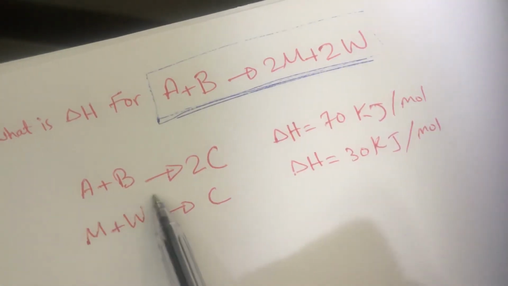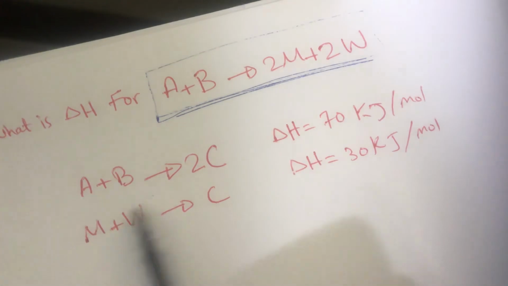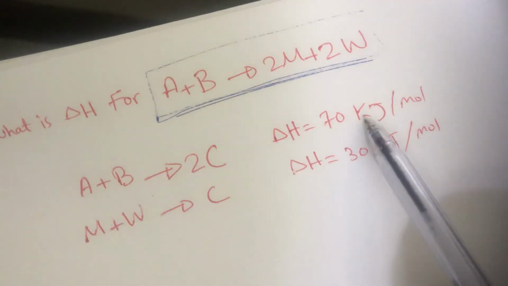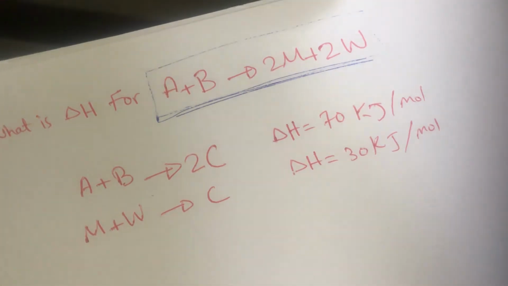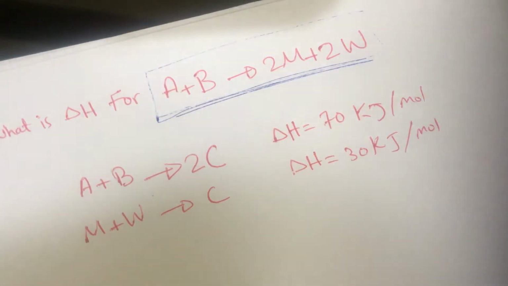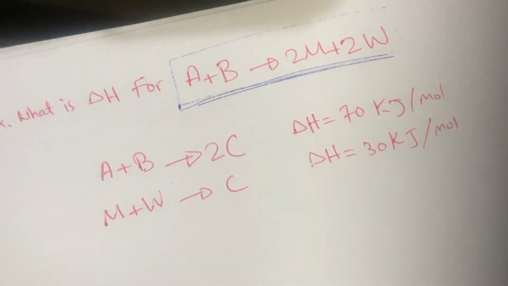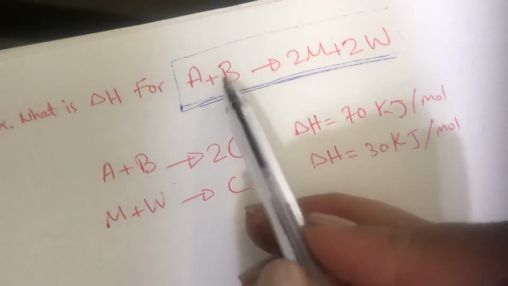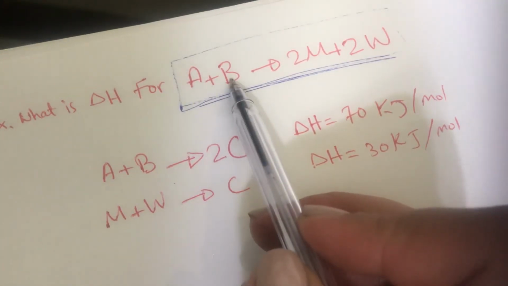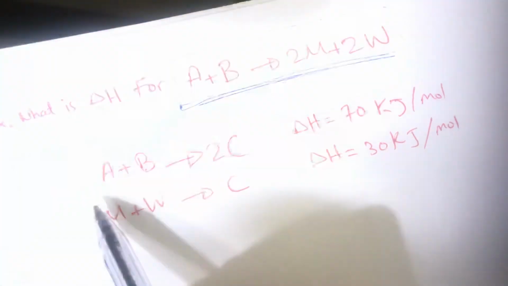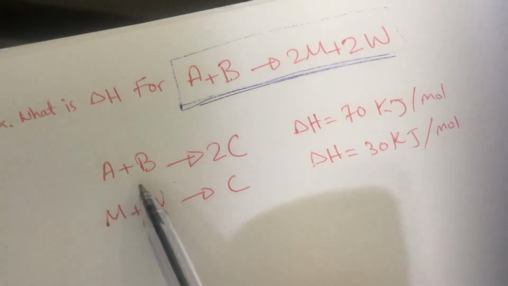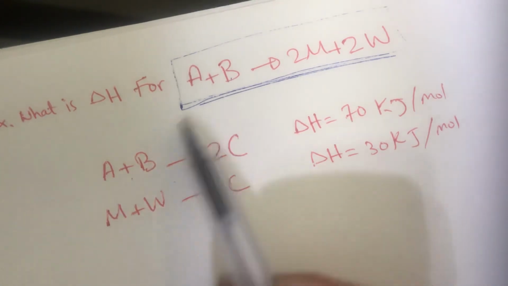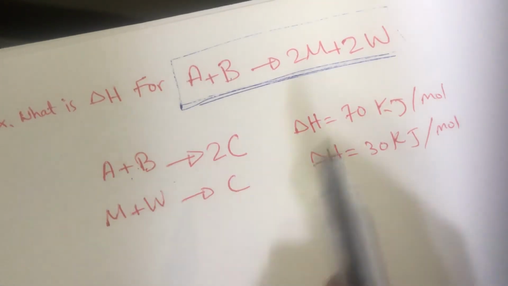And if you change anything of this reaction, if you reverse, so delta H reverses. If you multiply by any coefficient, so delta H is multiplied by this coefficient. So how to rearrange these reactions? Here A and B are in the reactants, and here A and B are in the reactants. So don't change this reaction.